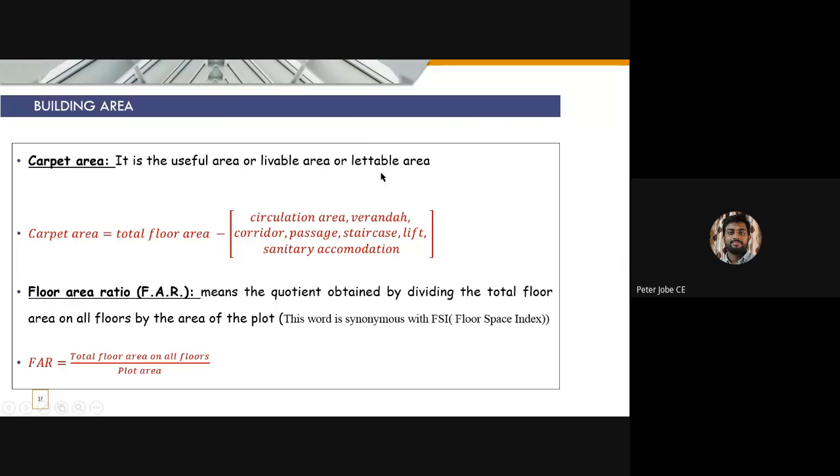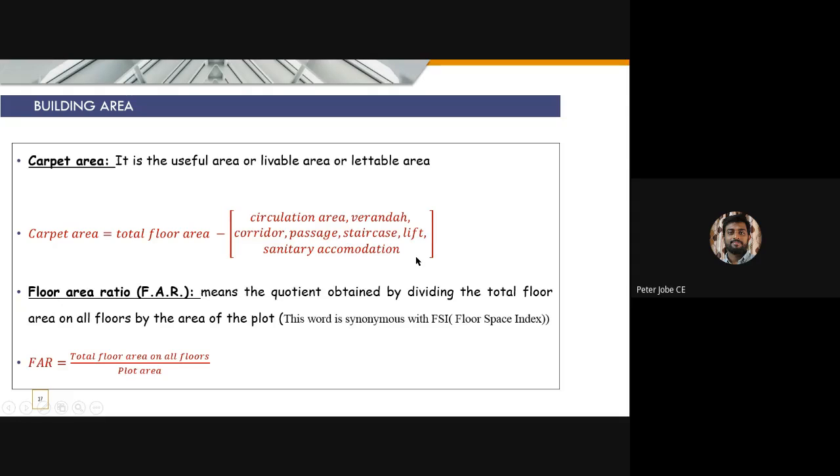That means for a shopping complex, we can lease out areas, but circulation area, veranda, all this area will be common. We cannot lease out all these areas. Sanitary accommodation, passage, staircase, lift. All these areas will be provided as a common area. Those areas we cannot use for any other purpose.